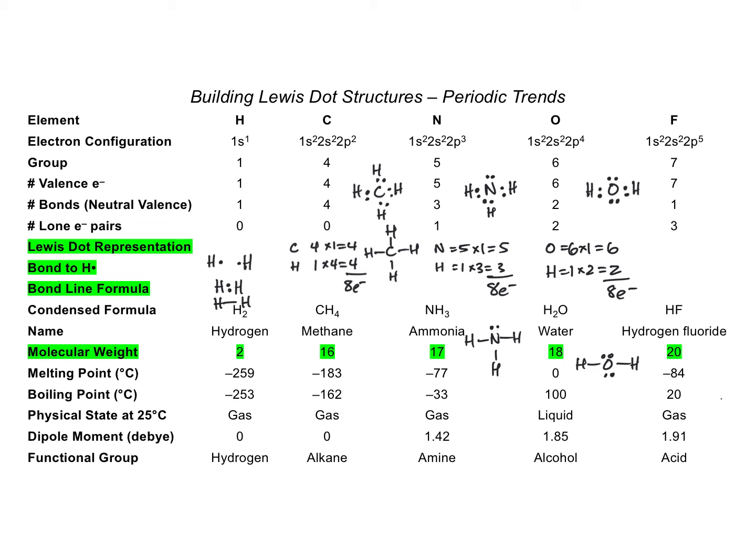Finally, fluorine is supplying 7 valence electrons. There's 1 of them, so that gets 7 electrons from fluorine. Hydrogen supplies 1 valence electron. There's 1, so that gets us 8 total electrons we have to show. Fluorine, halogens in general, have 3 lone electron pairs.